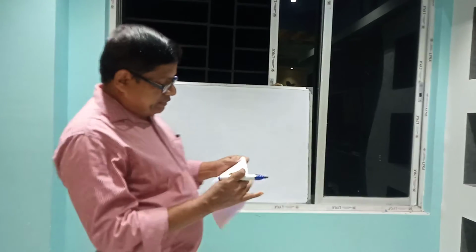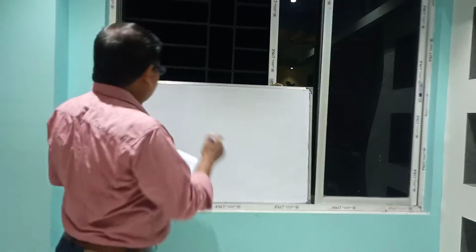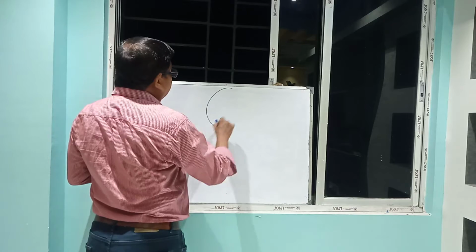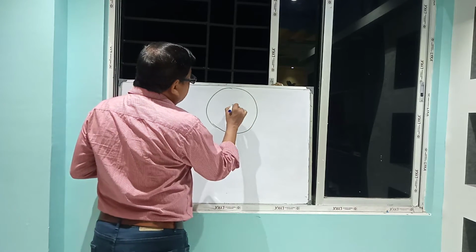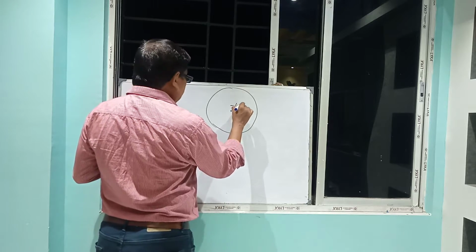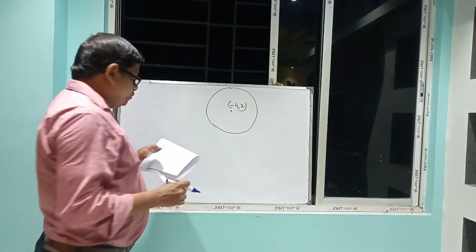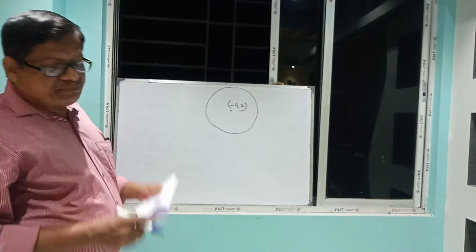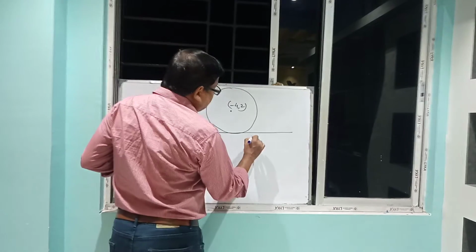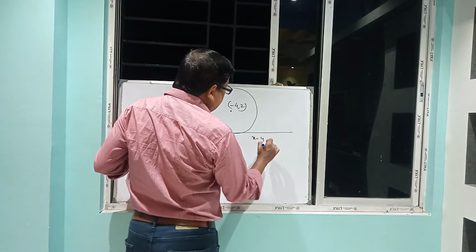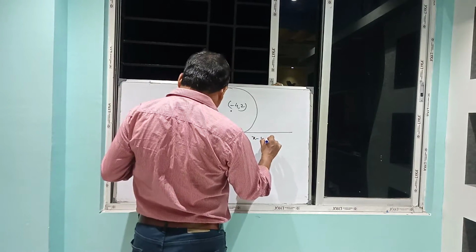See, find the equation of a circle whose center is given, minus 4, 2, and which touches the line x minus y equal to 3.